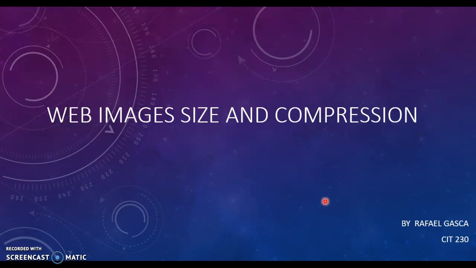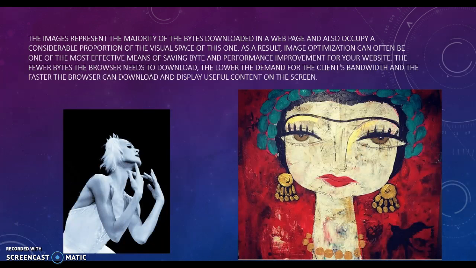My topic is web image size and compression. Images represent the majority of bytes of download in a web page and also occupy a considerable proportion in the visual space of this one.